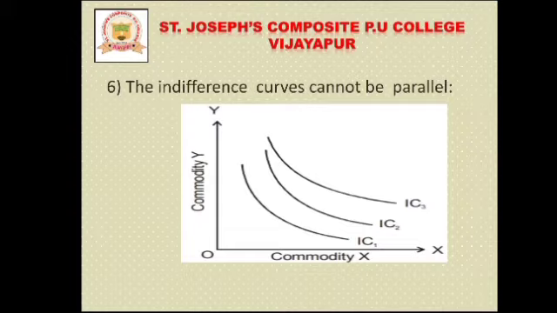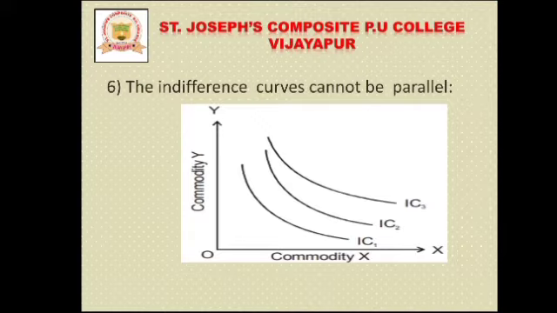That means, dear students, you know the shape of the indifference curve: it always slopes downwards, but not straight downwards. And an indifference curve cannot be parallel to another. If they were parallel, then the diminishing marginal rate of substitution would be the same on all the indifference curves.